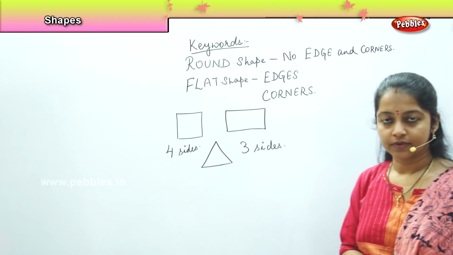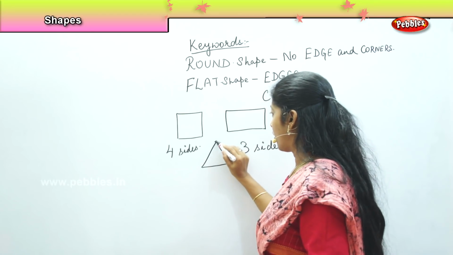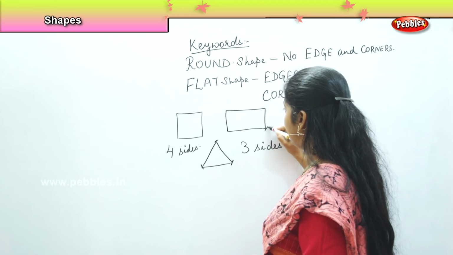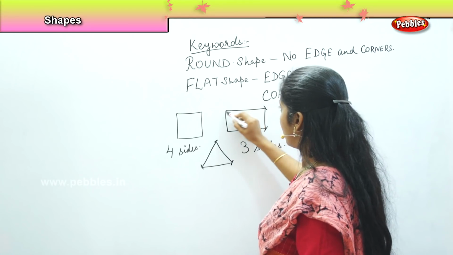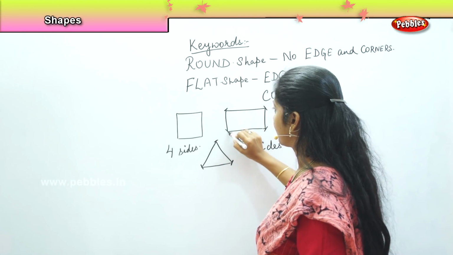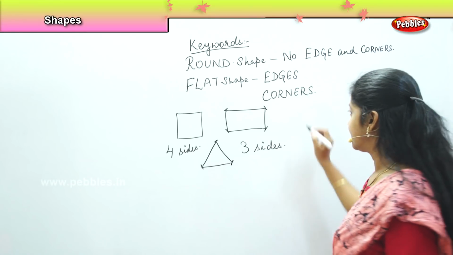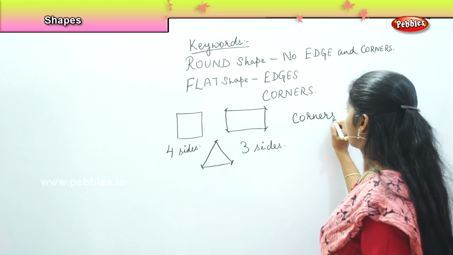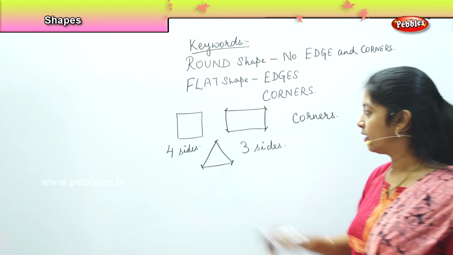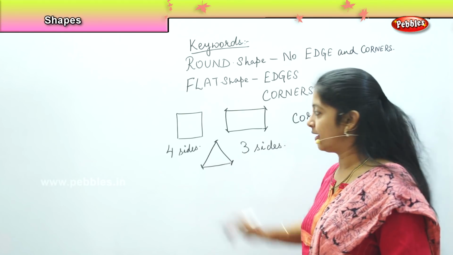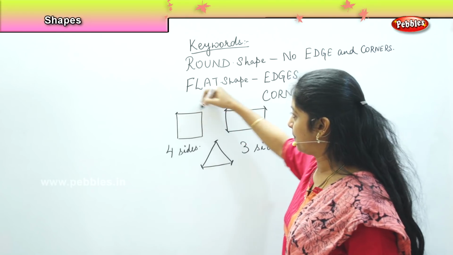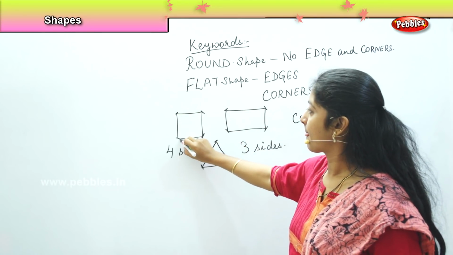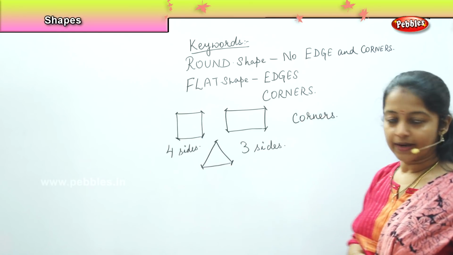The tip part of these shapes is called corners. Okay, where do you find the corner here? The tip portion. Right?